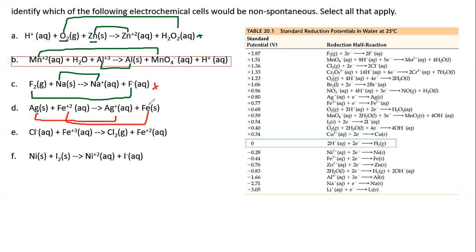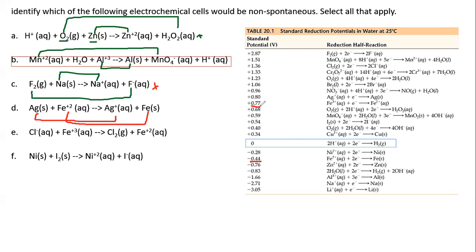So if the reduction potential of iron 2 plus is greater than the reduction potential of silver plus to silver, then this reaction will be spontaneous. So iron 2 plus to iron is a negative 0.44. Silver plus to silver is a positive 0.77.